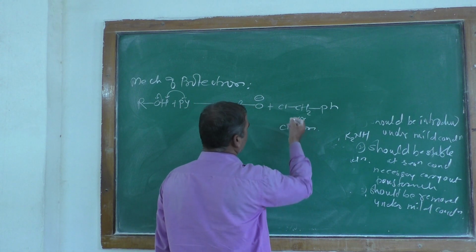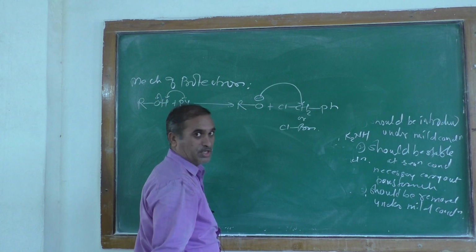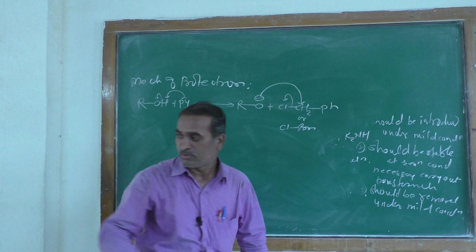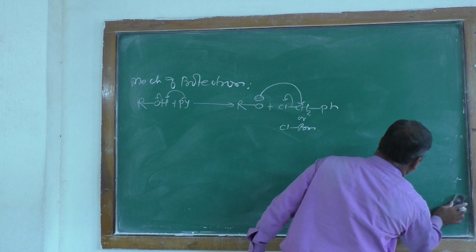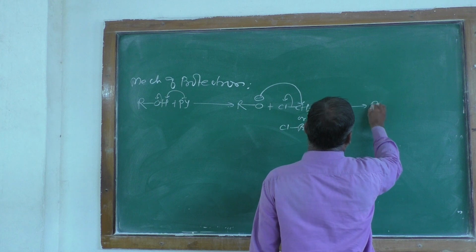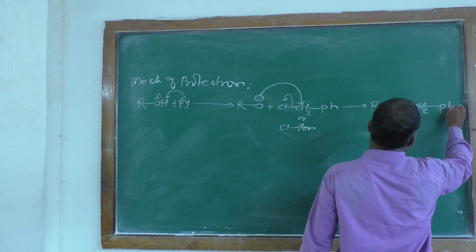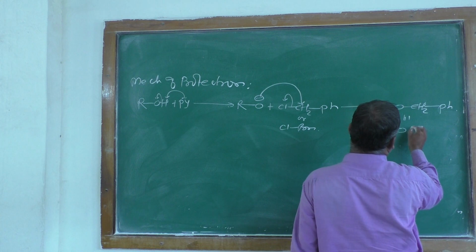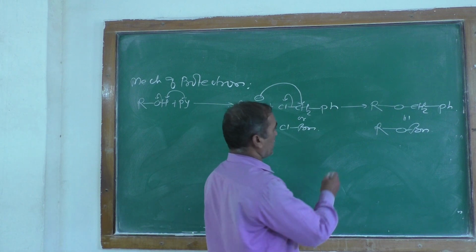This oxygen is going to attack this benzylic CH2 carbon, and chloride gets cleaved, and we are going to get the product RO-CH2Ph, or in short RO-Bn, benzyl, right?